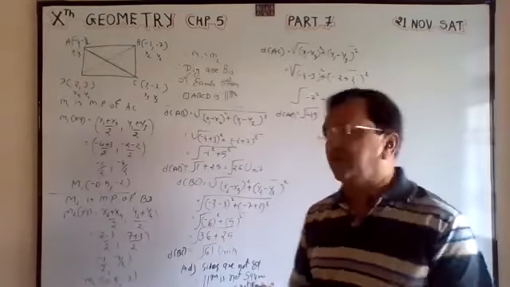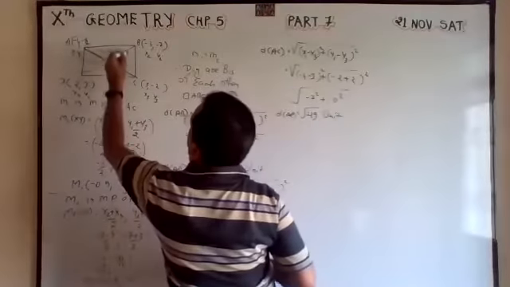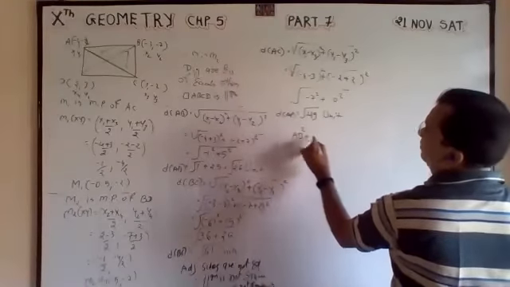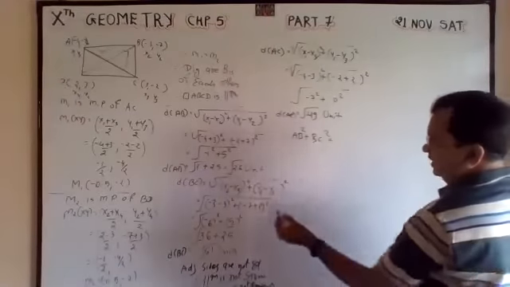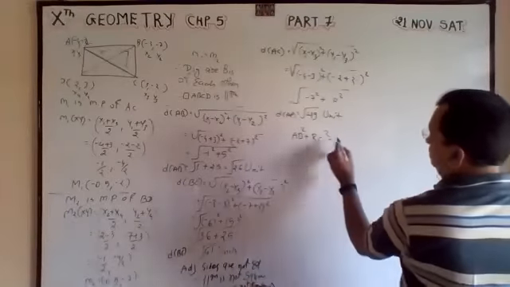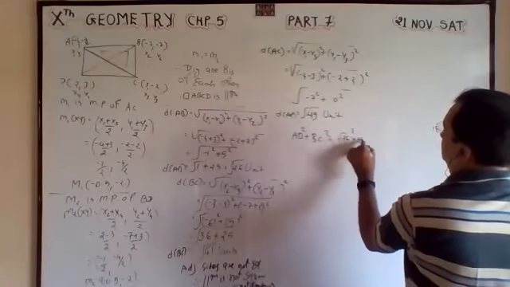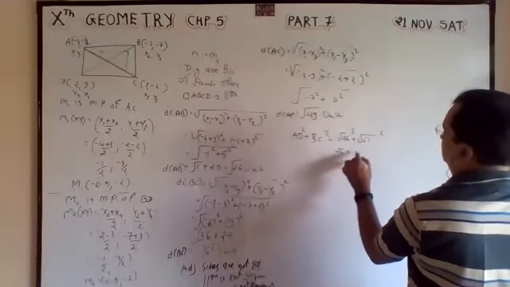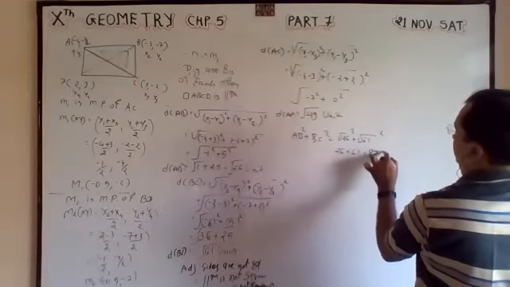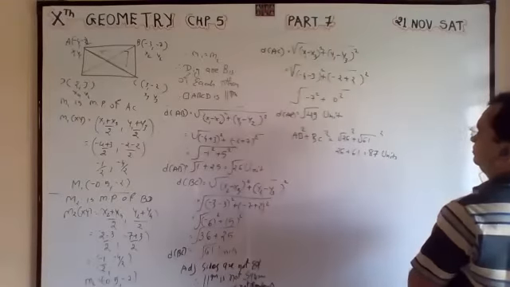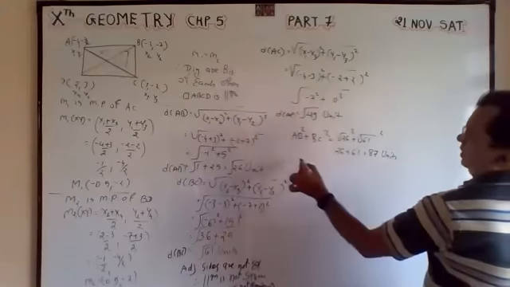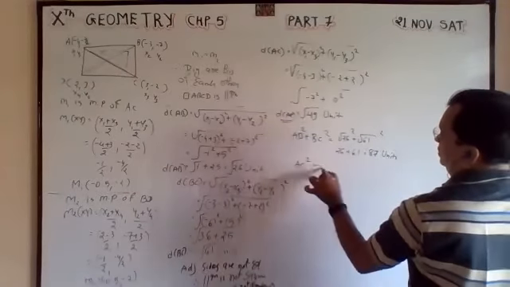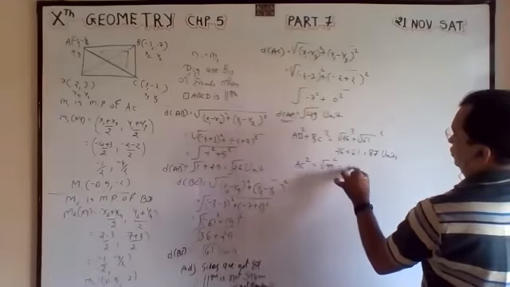Now test for rectangle. So I have taken these three sides. Now I will try to prove AB square plus BC square. What is that? AB square means root 26 square. BC square means 61 square. That is 26 plus 61 is equal to 87 units. Now AC square, third, is equal to 49.